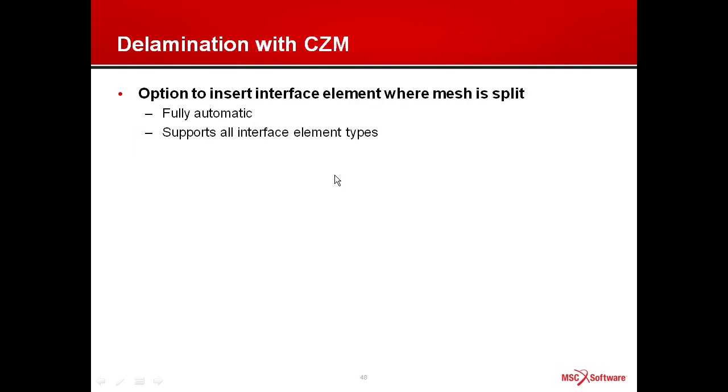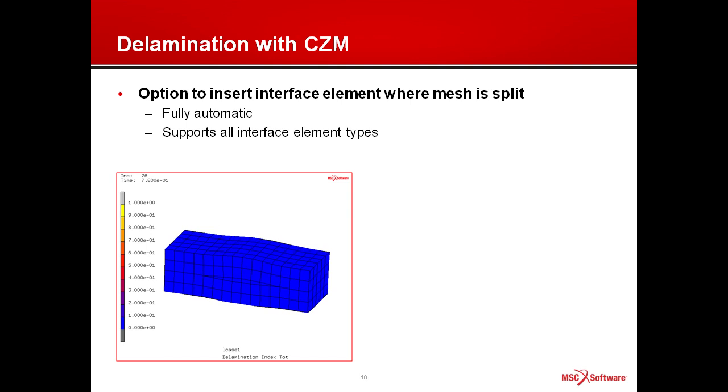There's also the additional option to insert interface elements where the mesh is split, and this combines the power of cohesive zone modeling with the stress-based mesh splitting technology. So let me demonstrate this with the example you saw on the previous slide. This time, whenever the stress criterion is met, we start to split elements.